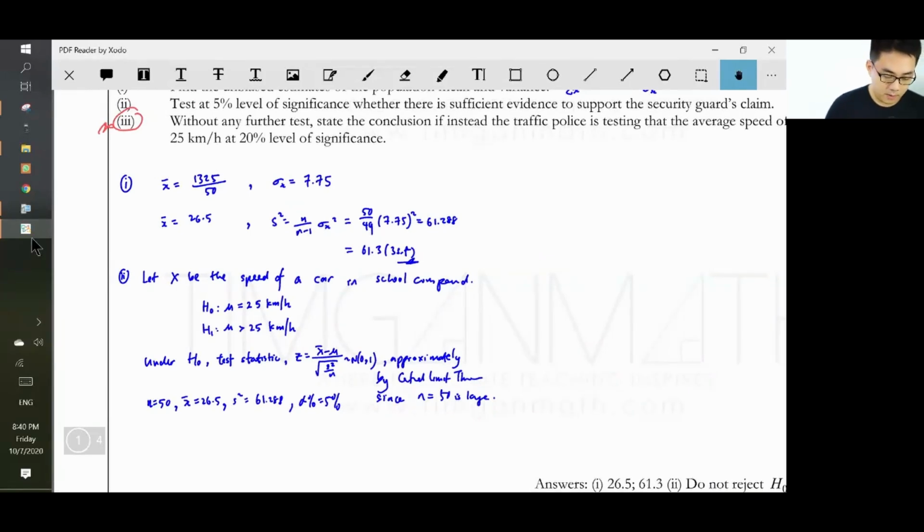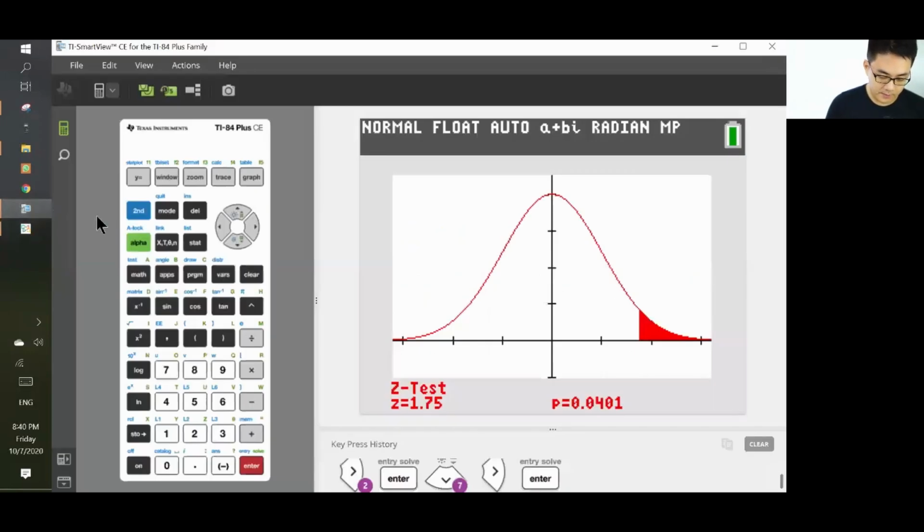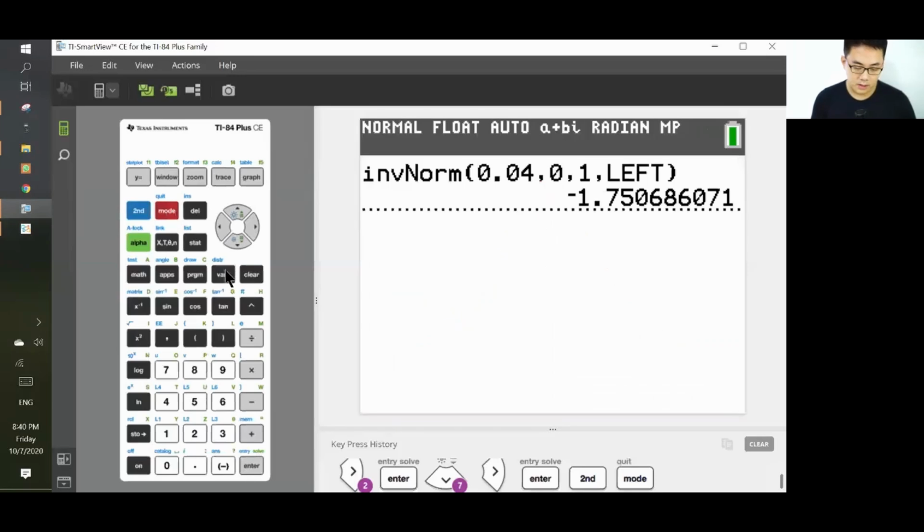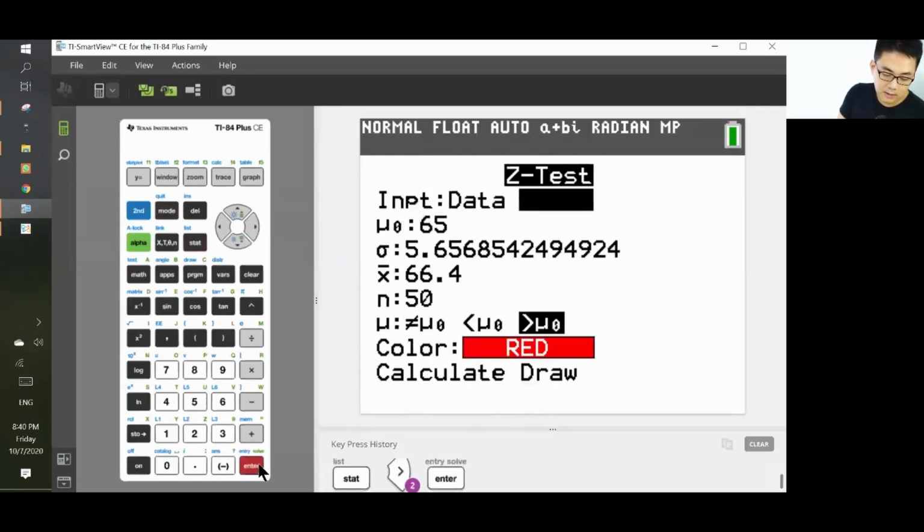Bring our GC up, and I usually like to draw the normal curve because it's easier to visualize. For the test, mu naught is 25, which is what the guard at the school claims. Then sigma would be the root of s squared, the unbiased estimate.